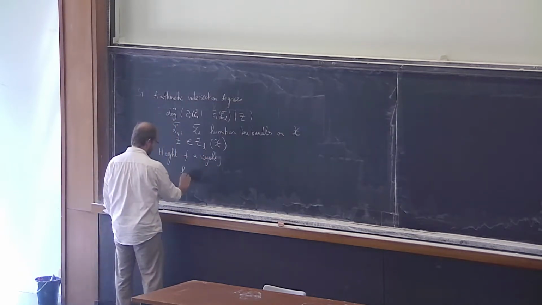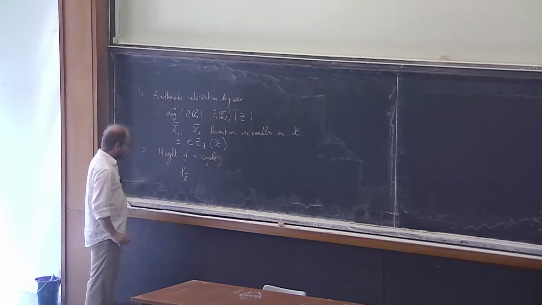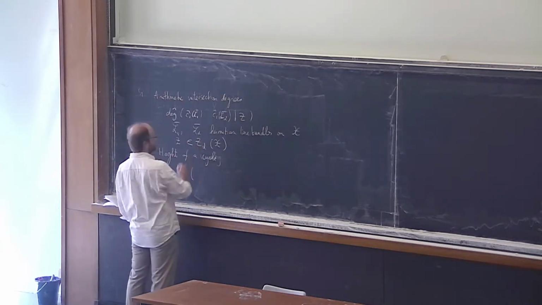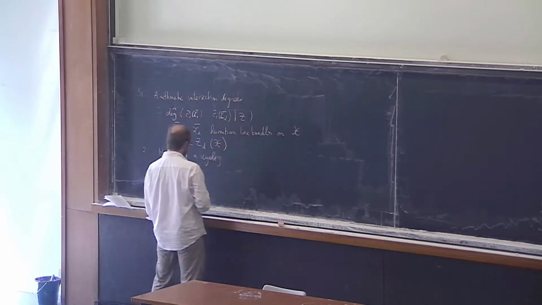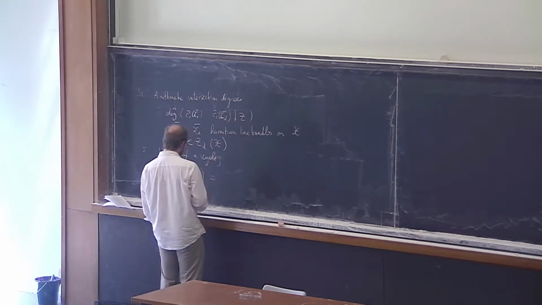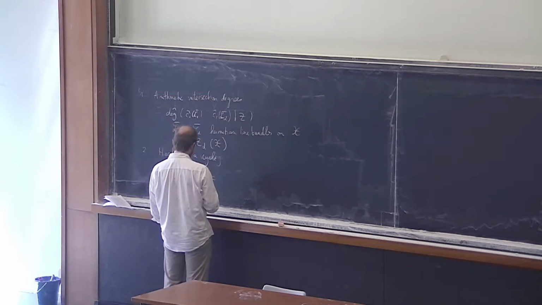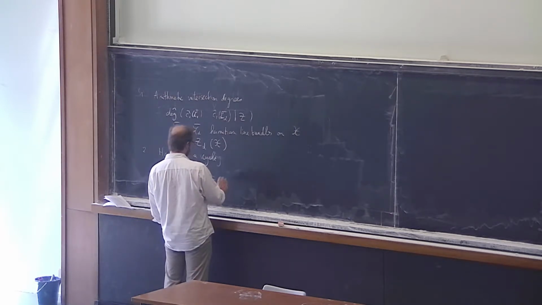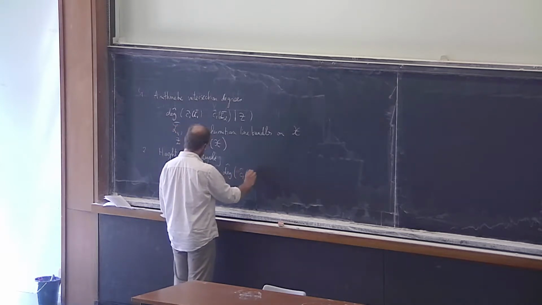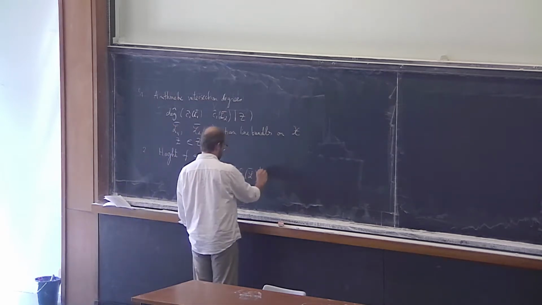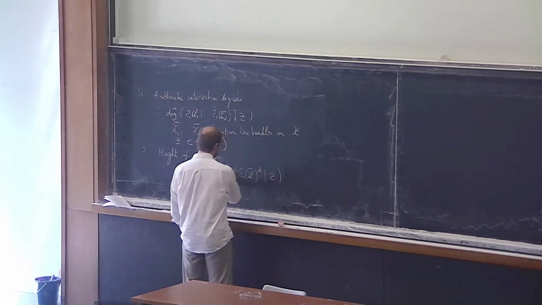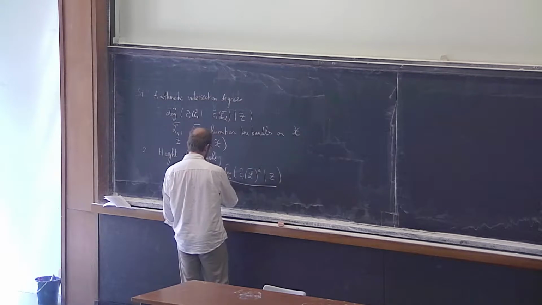Something of the form height with respect to a Hermitian line model L bar of some, say, irreducible d-dimensional closed subscheme, to be defined as the arithmetic degree of C1 hat of L bar to the power D against Z divided by the D plus 1.